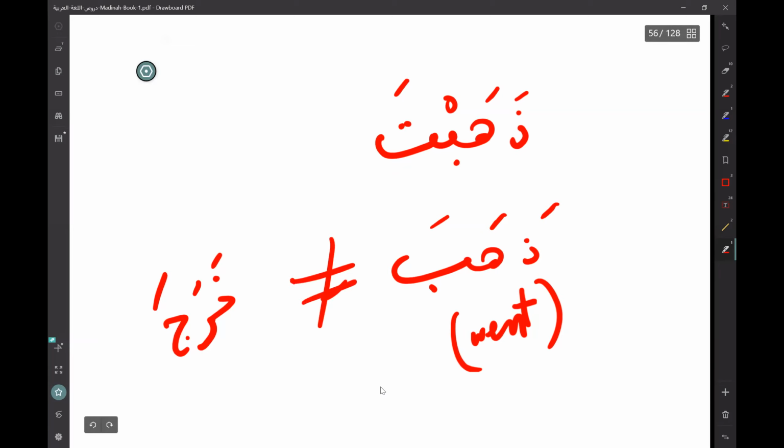Now, dhahaba is to go, and we have a past tense. So the past tense of go is went, right? Now remember what we mentioned. This is the whole thing that I have to explain to you for at least five to ten minutes, that the verb is a little bit unique in the Arabic language. I'm pretty sure other languages have the same concept, but it's different from English.